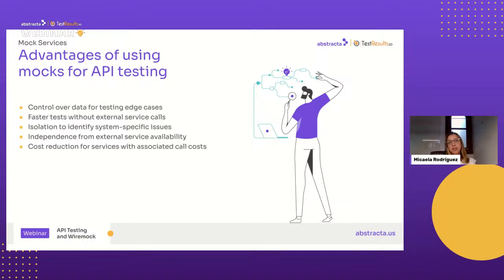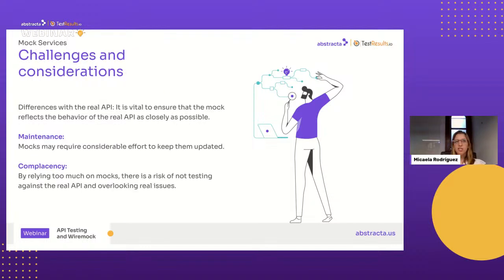But despite the advantages, it's essential to take into consideration the challenges associated with the use of mocking services in API testing. There are some drawbacks. When working with mocks, it's very important to make sure they reflect the behavior of the real API. In this way, we can maintain authenticity, right? We want them to be as similar as possible to the real service.